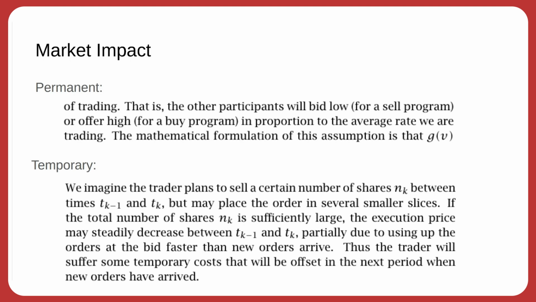Now, there is also a temporary market impact, which means some of your slices of your trades are executed, it temporarily moves the market a little bit, and then the market just moves back to where it was. So that's effectively a temporary market impact. Sometimes you only change the volume on the bid or the offer and not even the price.